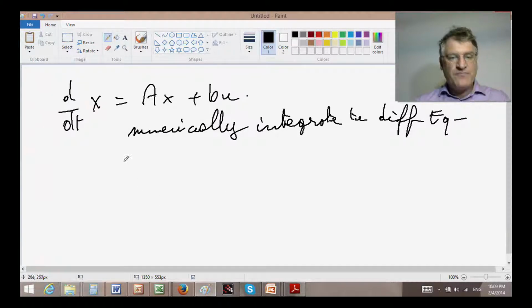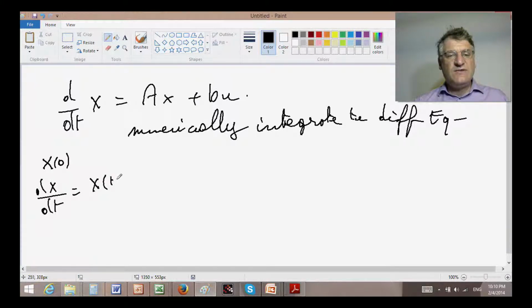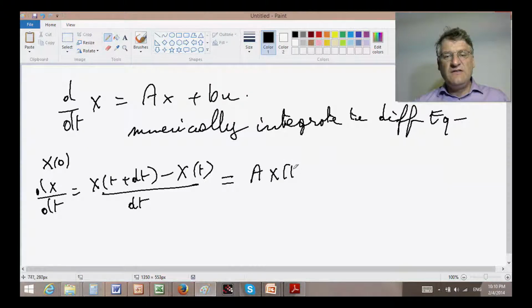How does it work? If I know x of 0, I can approximate d dt of x to be x of t plus dt minus x of t, divided by dt, and I'll say that this is equal to a times x of t plus b times u of t.